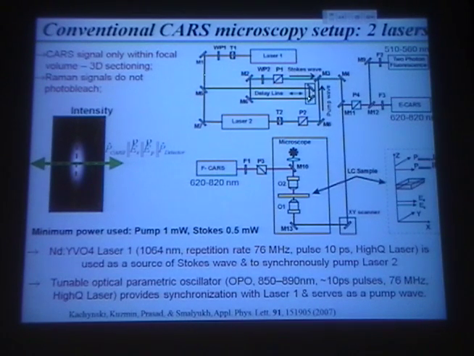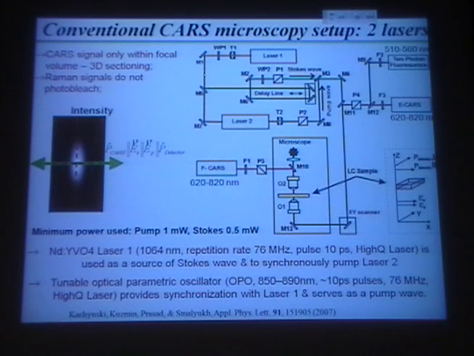Then they are both combined and brought to the focal point using a number of different mirrors and optical elements, and then focused here. As they are spatially and temporally overlapped, we can detect the coherent anti-Stokes Raman scattering light in forward detection mode, and also in epi-detection mode, the light that, just like in confocal microscopy I was showing before, will be propagating in the backward geometry.